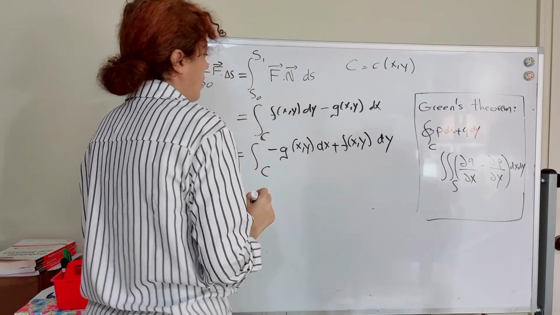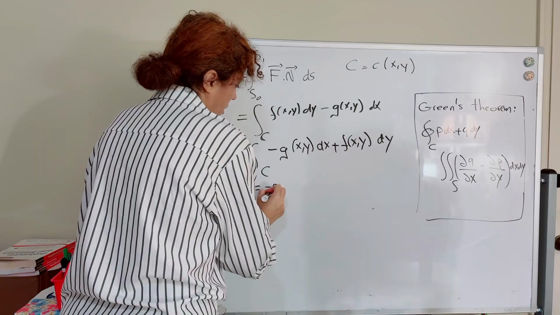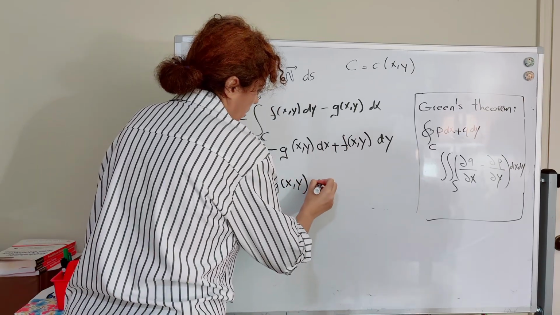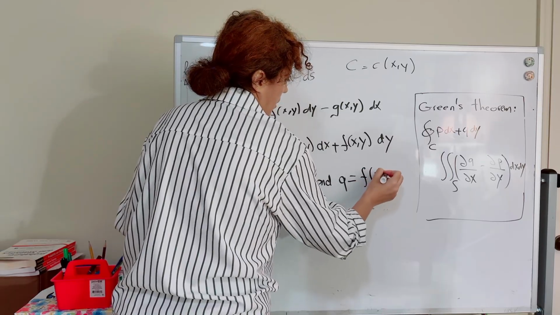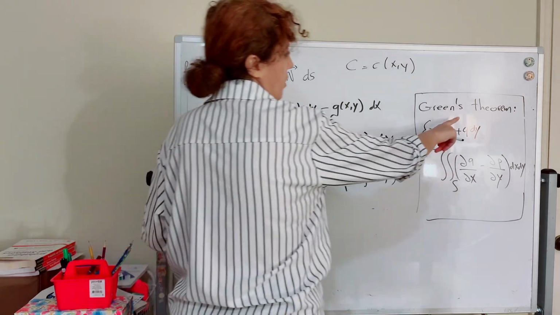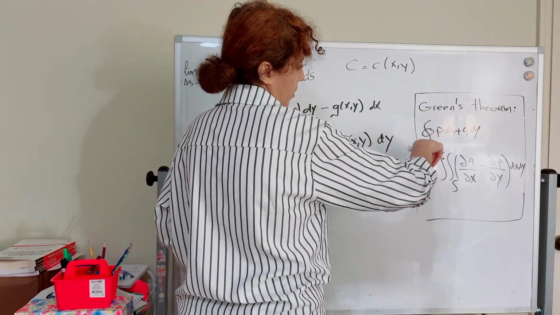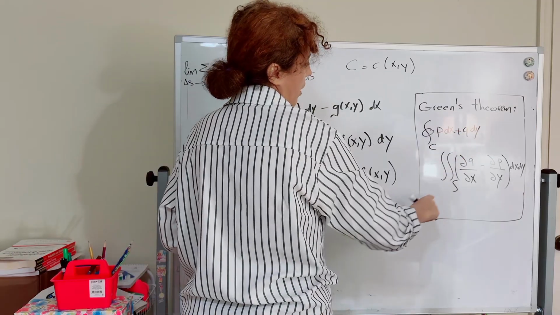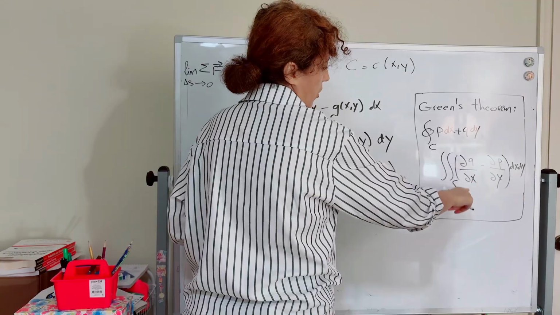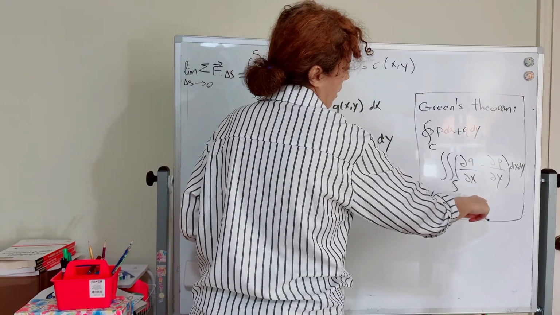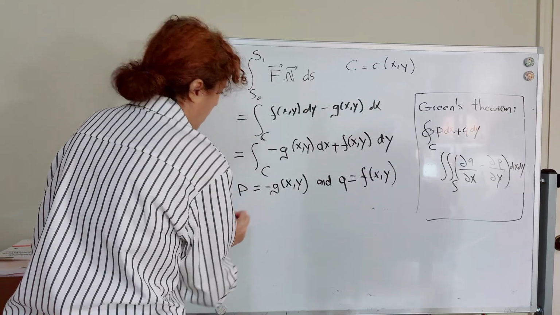With the dx and dy, we can put P equals negative g of xy and Q equals f of xy, and we can apply Green's theorem, which says that the integral over curve C of P dx plus Q dy equals the double integral over S of dQ over dx minus dP over dy dx dy.